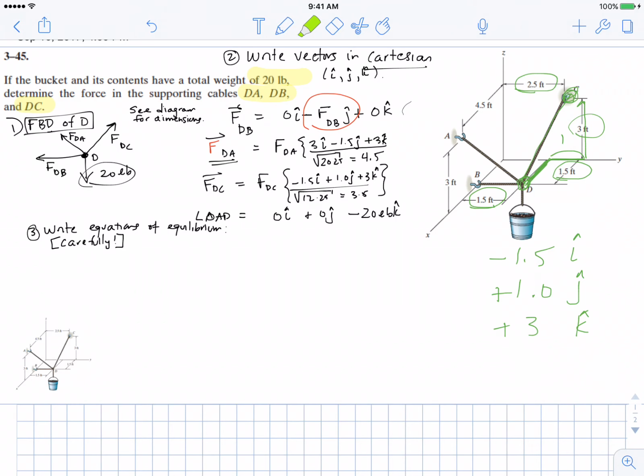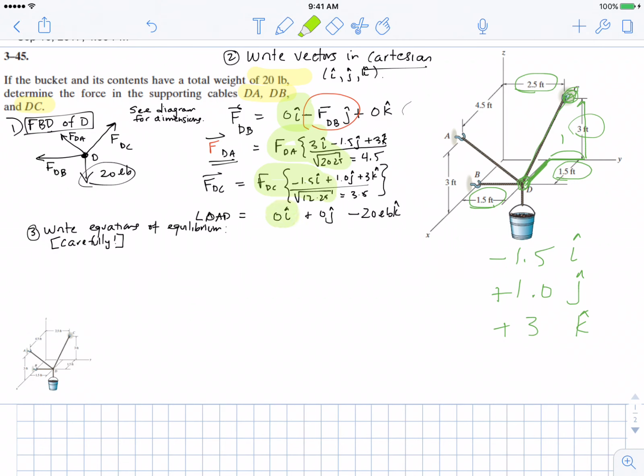So let's think about the X part of the forces first. So FDB has nothing in the I. It's going to have this contribution from FDA. FDC is going to have this contribution. And this is going to have nothing.